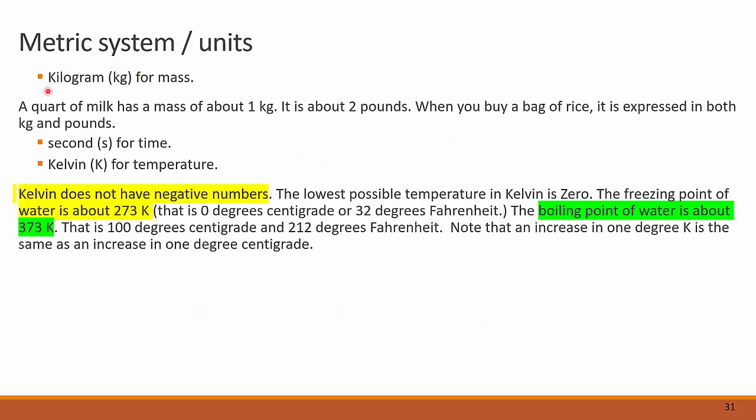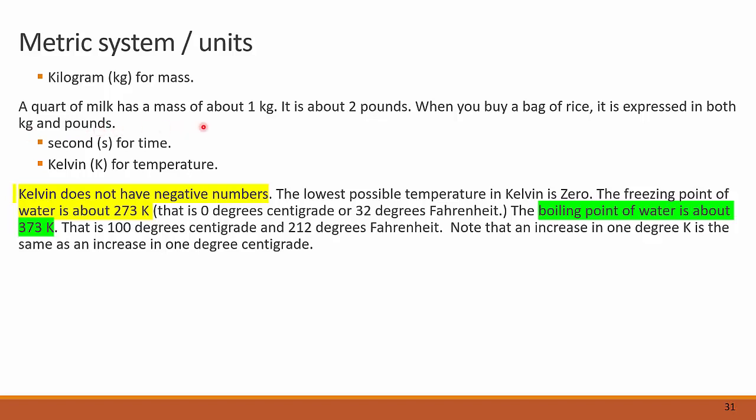In the metric system, we use kilogram for mass. A quart of milk has a mass of about 1 kilogram, which is about 2 pounds in the British system of units, the units we use in the grocery store. When you buy a bag of rice, it is expressed in both kilograms and pounds.